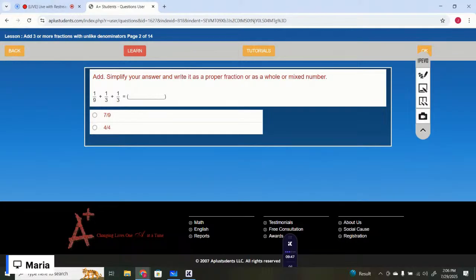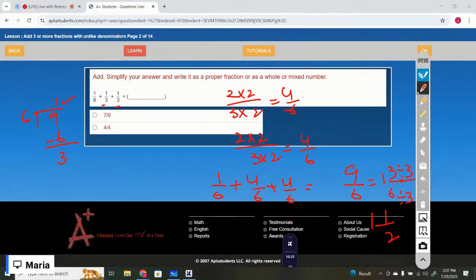1 by 9 plus 1 by 3 plus 1 by 3. So the first thing is we need to make the denominators the same. We always make the smaller denominator equal to the greater one.